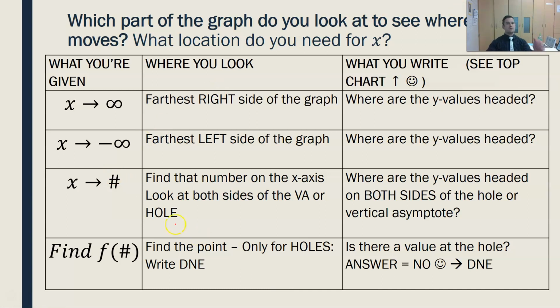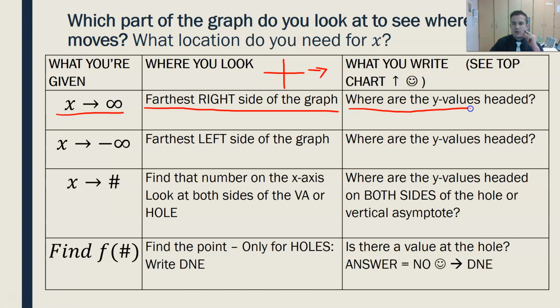So if I'm given the question, what happens as x approaches infinity, I'm looking to the farthest right side of the graph. So again, if I have a graph, if I'm looking for as x approaches infinity, I'm looking as x goes to the right, the farthest right side of the graph, what is happening? What is going on? So what I write is wherever the y values are headed.